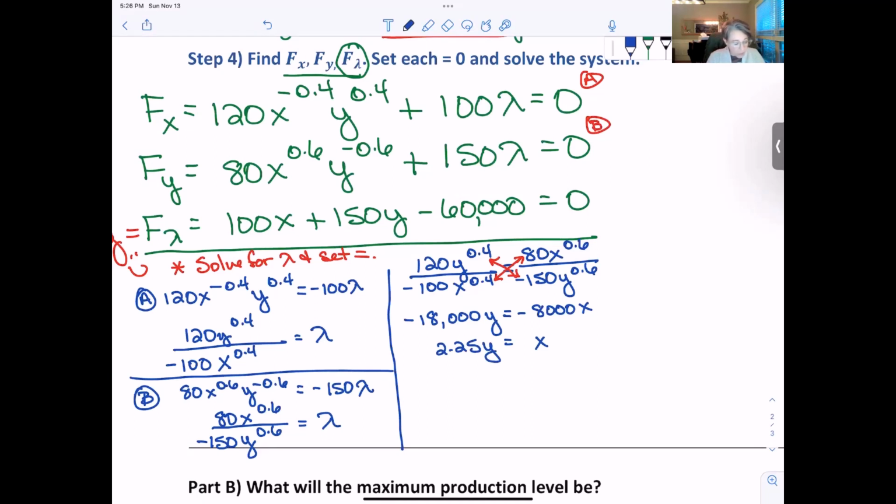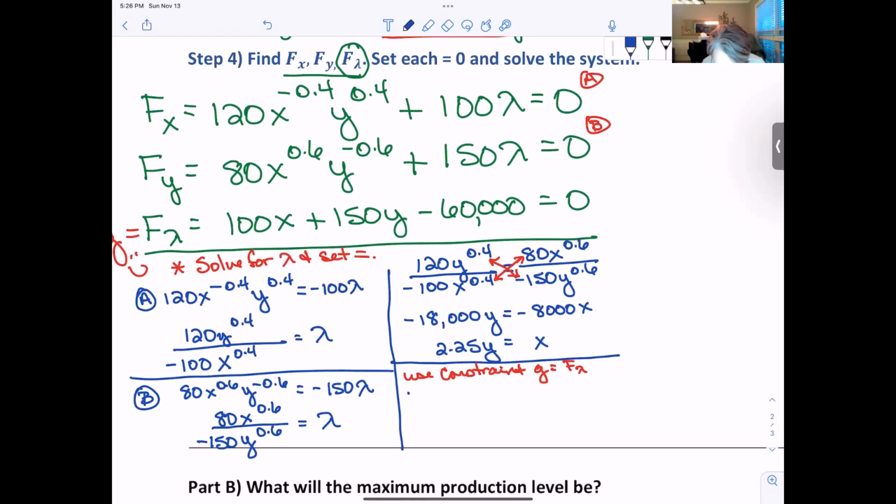So we have a relationship between the x and the y, but we want to know the exact values of y and x. Now we're going to use constraint g, which is really the same thing as the partial with respect to lambda, in order to solve for these variables. So for the constraint, 100x plus 150y, we can write x in terms of y.